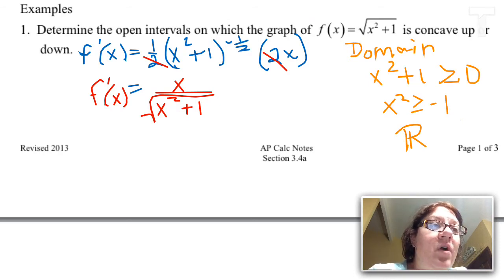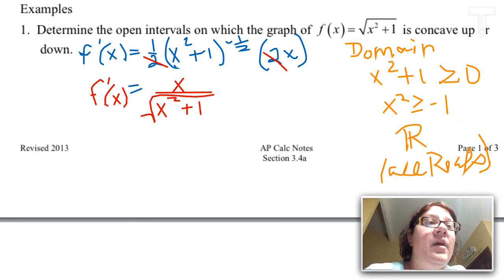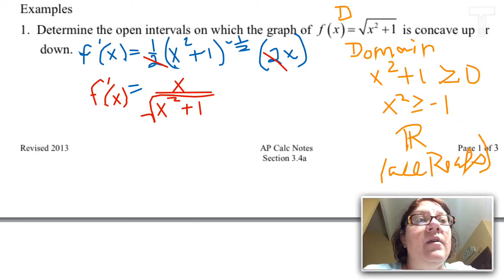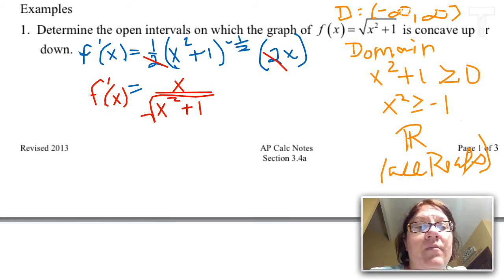That's the notation for all reals. Okay, so that means my domain, if I put it in interval notation, is -infinity to +infinity. Okay, good to know. I'll need that for later.